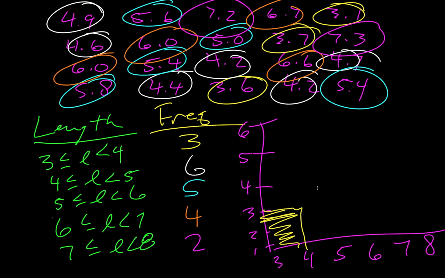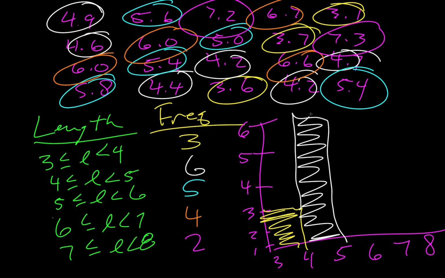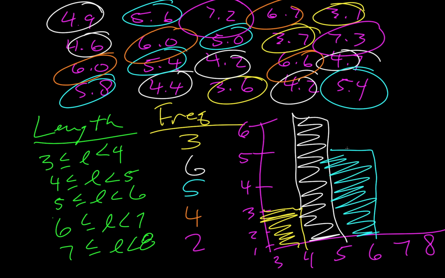The white 6 is our most frequent. And then the 5 just goes to 5. And then that one goes to 4. And this one goes to 2. Okay, so that would be our graph, our frequency graph.